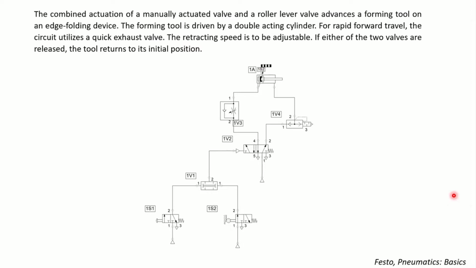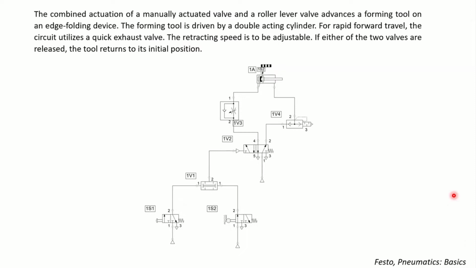And it says the forming tool is driven by a double acting cylinder, which means we need to use a double acting cylinder. Easy, this part is very easy. And then for rapid forward travel, which means we want a very fast advancing, the circuit utilizes a quick exhaust valve. This is where we need to use a quick exhaust valve because we want to travel with the max speed possible, right?